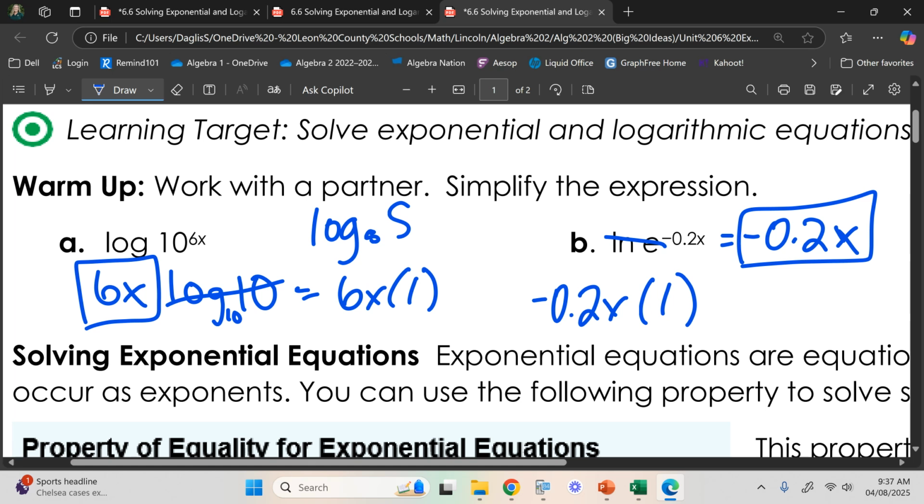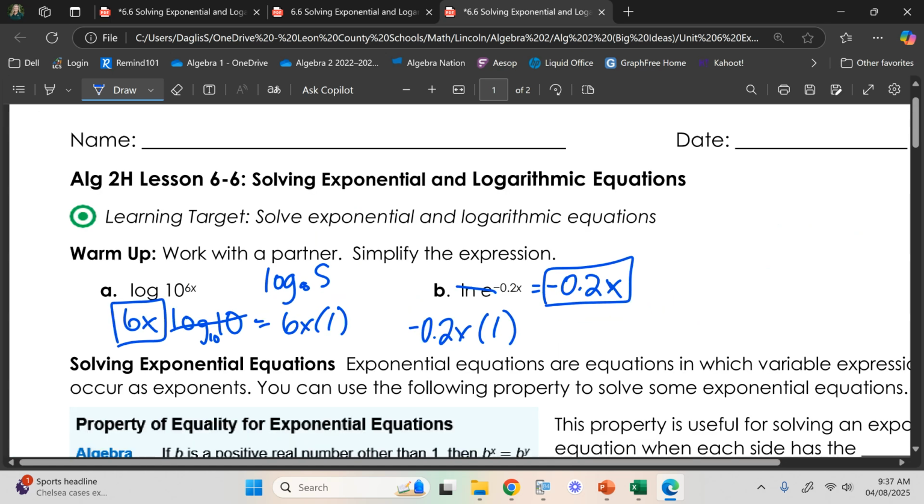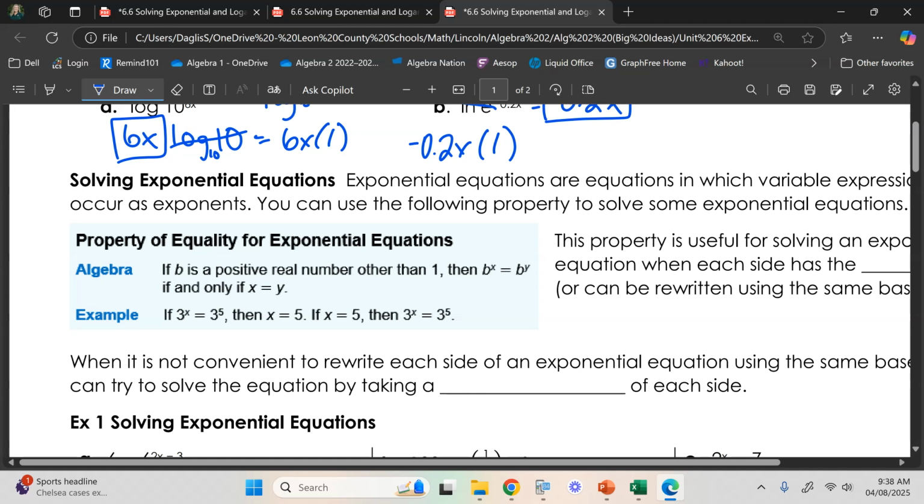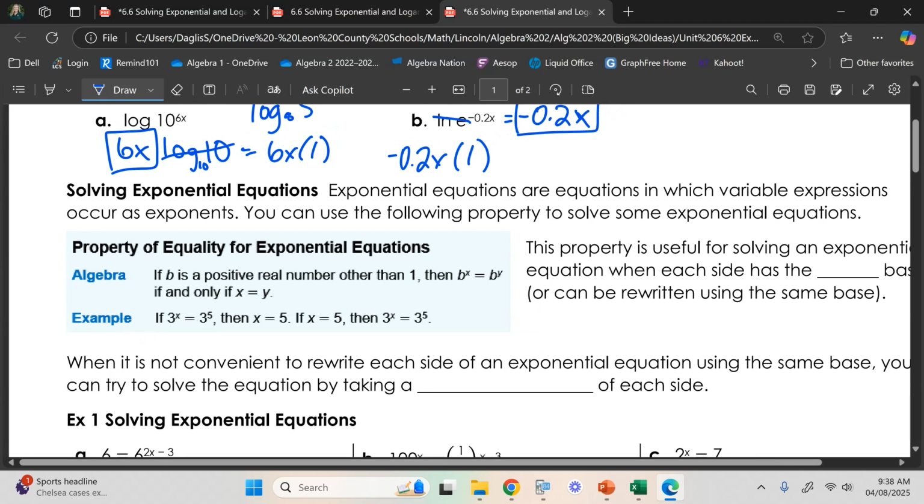Good questions. All right, so on my front, we're going to simplify exponentials. The back, we will simplify and solve logarithms. There are some little tips and tricks we can use. So solving exponential equations. Exponential equations are equations in which variable expressions occur as exponents.